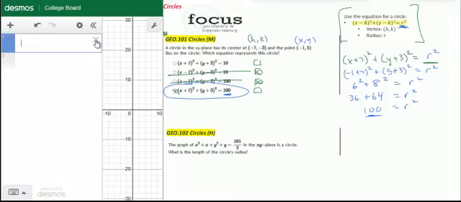Now you could also solve this by looking at it, if you typed in every single one of these equations on Desmos. This would be what you would do if you didn't know or didn't remember how to solve this problem.